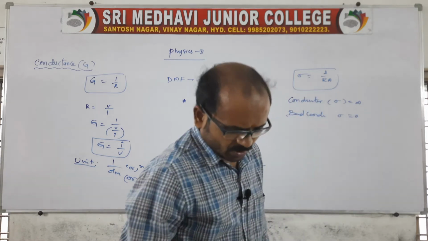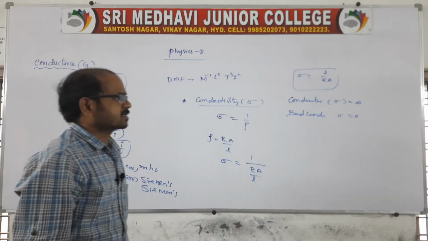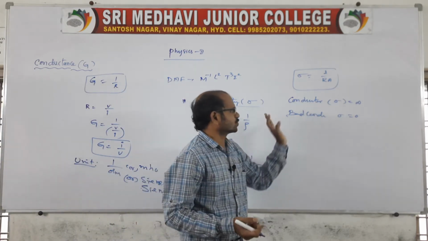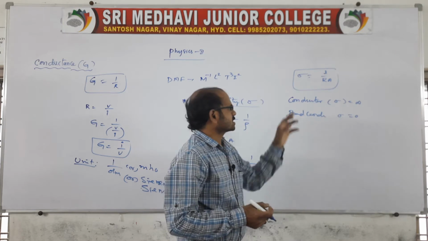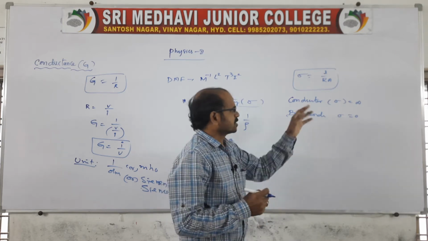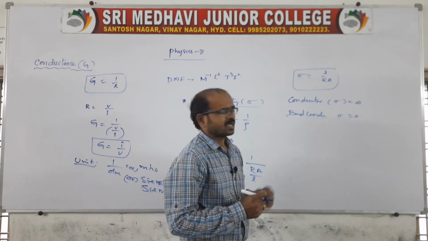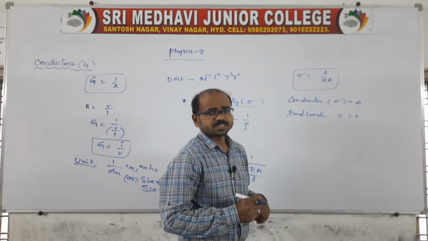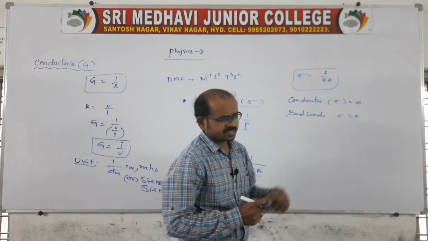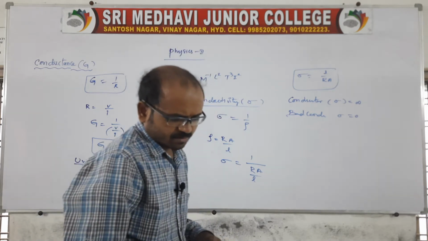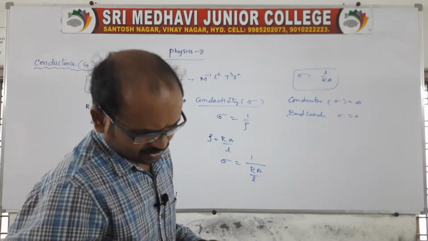These two are opposite to resistivity. In the case of a conductor, resistivity is 0, so 1 by 0 is infinity. For a bad conductor, resistivity is very high, of course infinite, so 1 by infinity is 0.